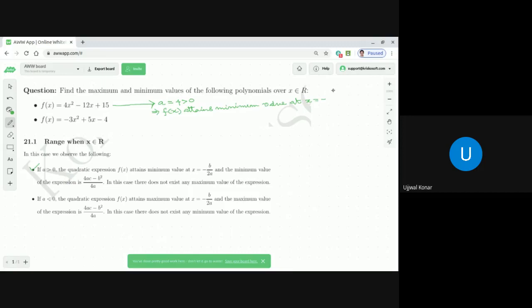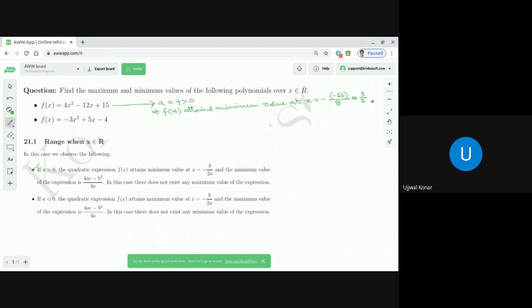So minus of minus b, minus b by 2a, I am writing minus of minus 12 divided by 2 into a. 2 into a means it is 8. So that is equal to what? We get 12 by 8, and if we find it out, we get 3 by 2.